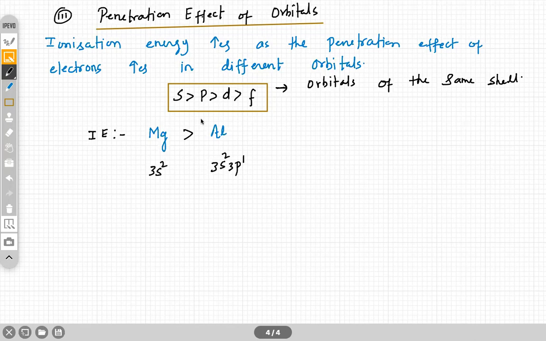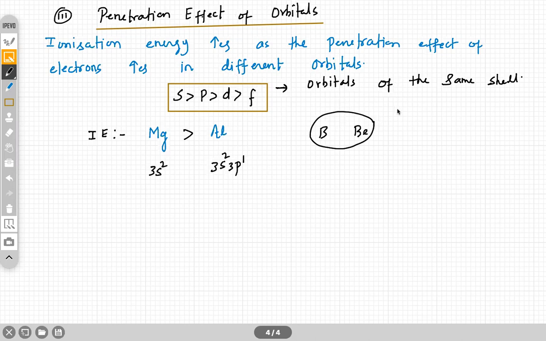Top to bottom will have a trend, left to right you can see according to the energy size. But yes, there are some exceptions here and there. We'll discuss that. Even if you talk about boron and beryllium also, I'll come to this part in the last. Let me finish these factors first.